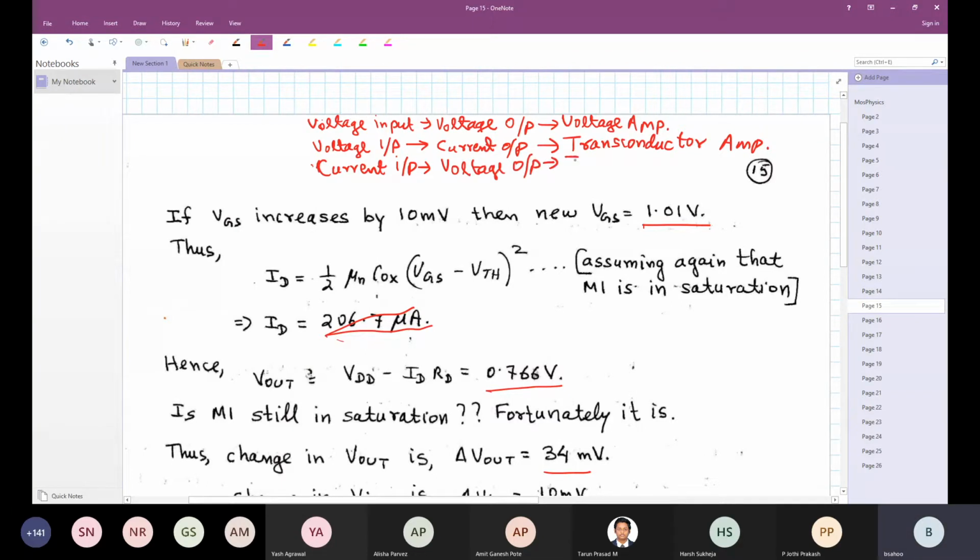This is a transresistor. And current input, current output is a current amplifier.